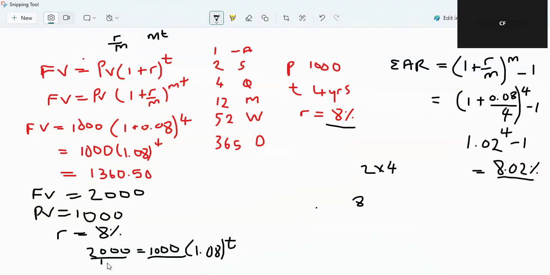On the left side, when you divide 1,000 into 2,000, you are left with 2, which is equal to 1.08 to the power t.